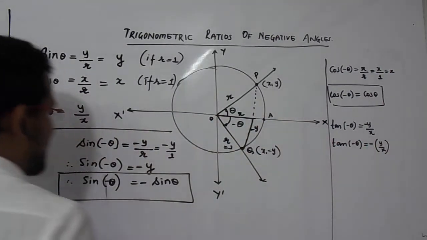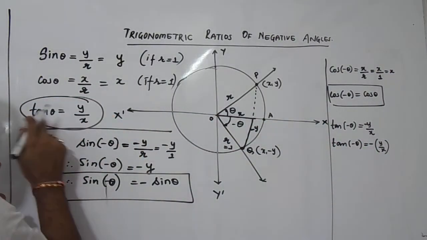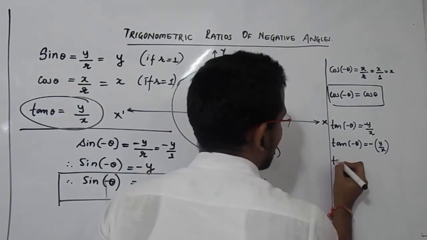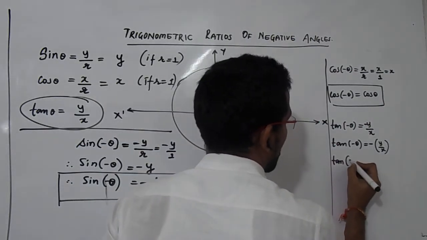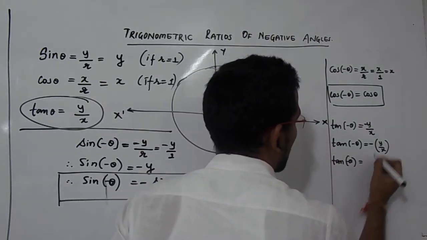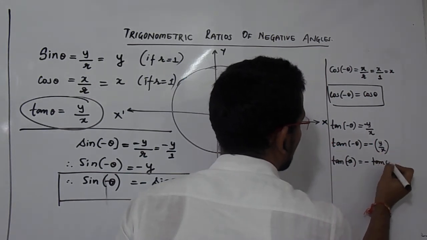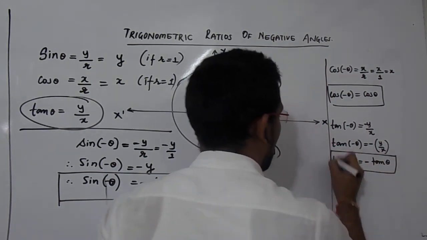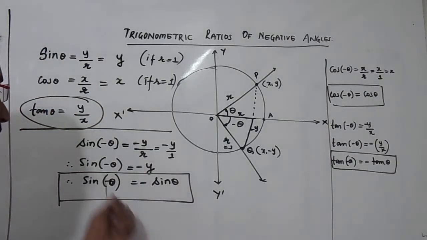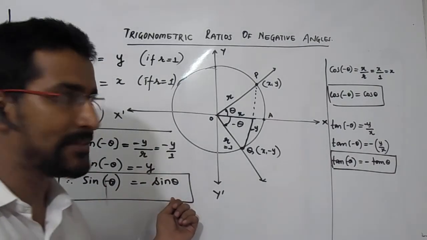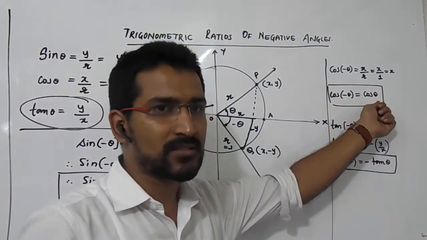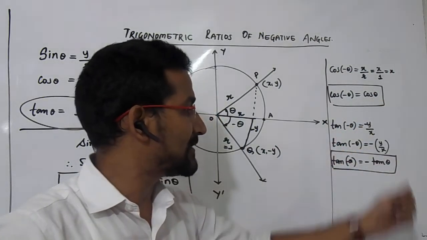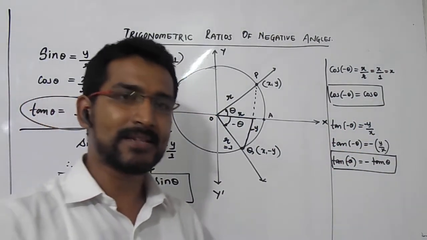But what is y by x? Y by x is nothing but tan theta. So tan of minus theta is equal to minus tan theta. This is another relation. So we got sine of minus theta is minus sine theta, cos of minus theta is cos theta, and tan of minus theta is equal to minus tan theta.